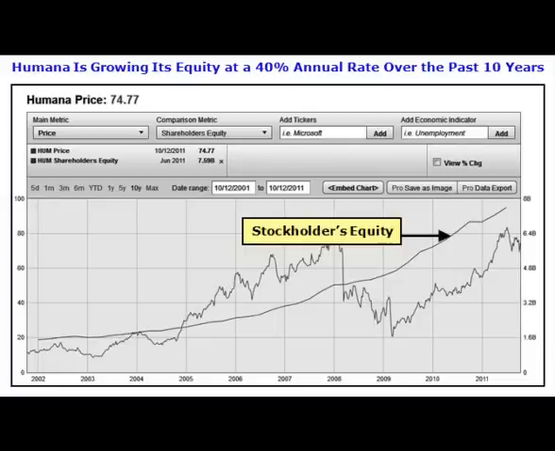Let's take a look at another company that's growing its equity at a high rate. This is a stockholders' equity graph for Humana, the healthcare provider, and Humana has been growing its stockholders' equity at a 40% annual rate over the past 10 years. So very strong fundamentals for this stock.